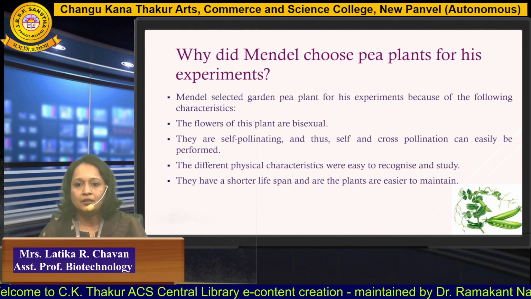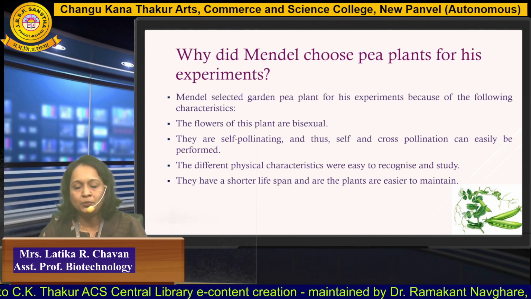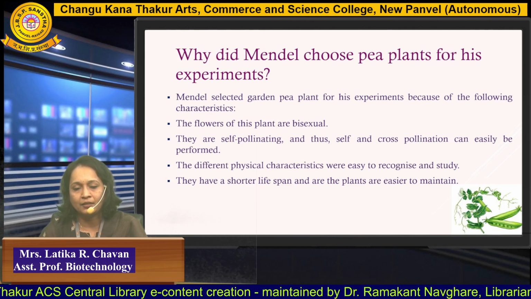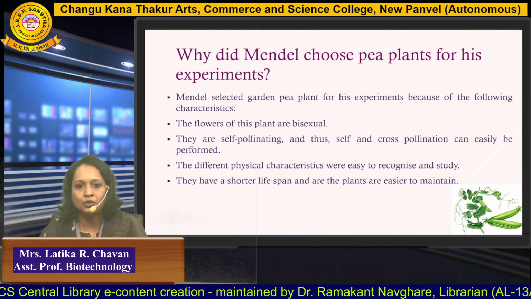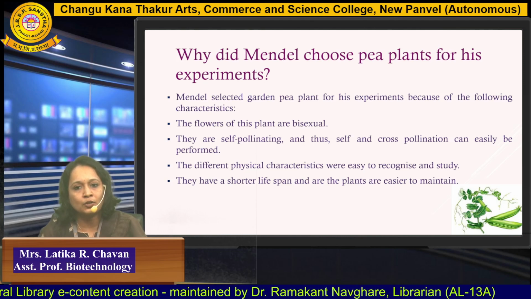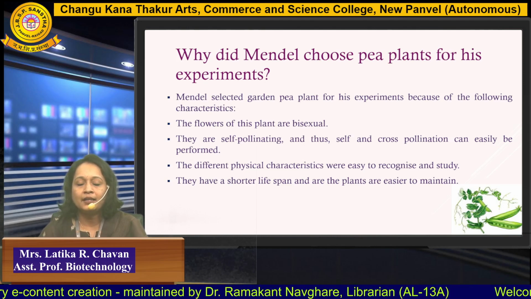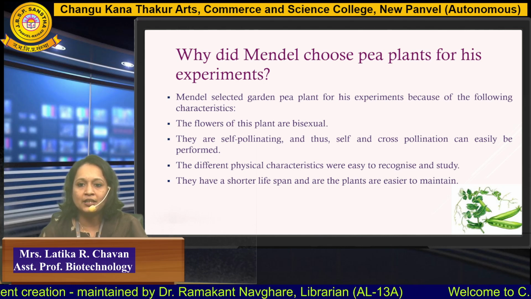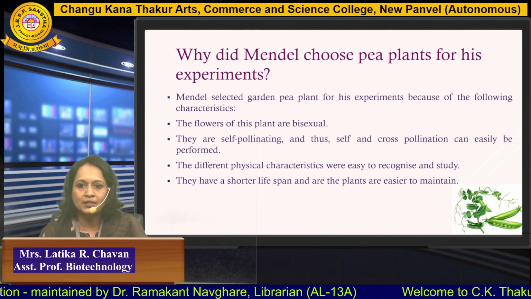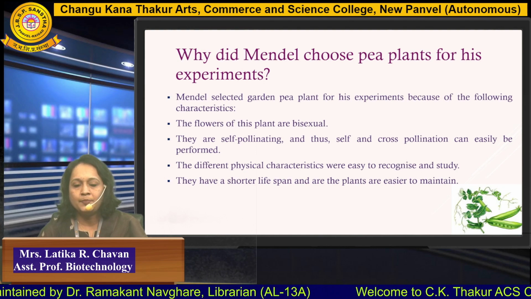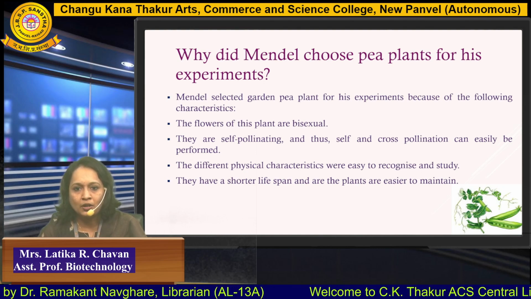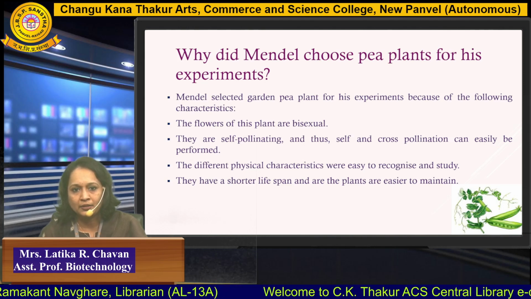That means the anther and the ovule can fertilize and produce a zygote which develops into a new plant. These plants are also easily cross-pollinated, and there are a few physical characteristics which are very easily recognizable and easy to study. The lifespan of the plant is very short and the plants are easy to maintain.